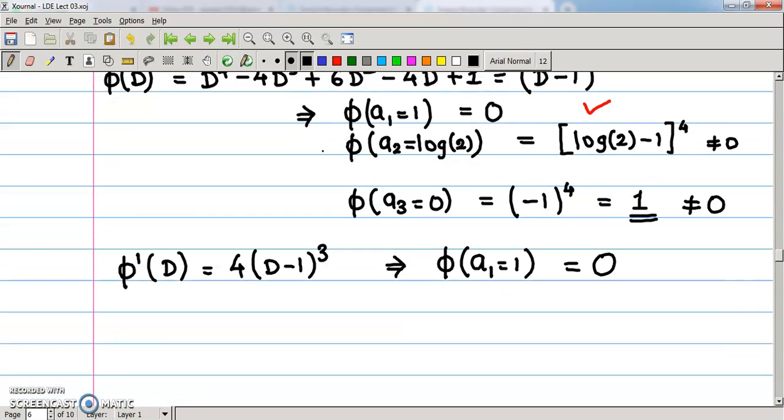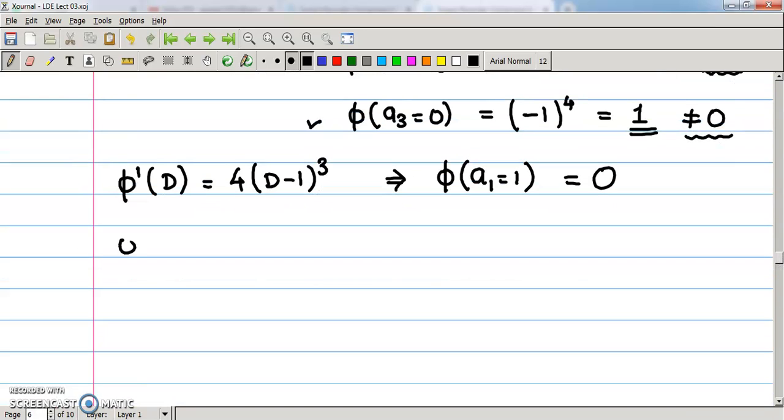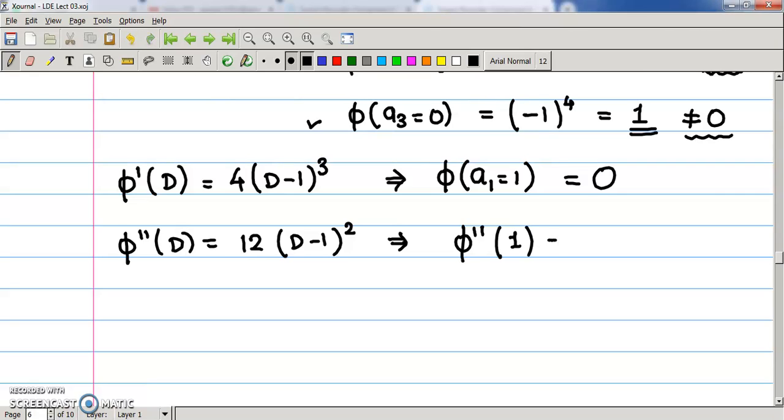There is no need to check replacing D by a2 or a3, because we can find the particular integral directly since we got non-zero values. Now we differentiate the auxiliary equation once again. This will be 12(D - 1)^2. Now we replace D by 1, and this value is again equal to 0.